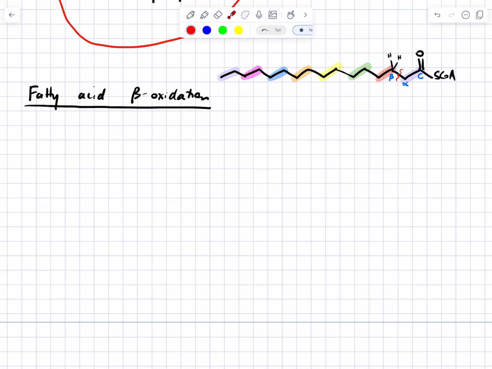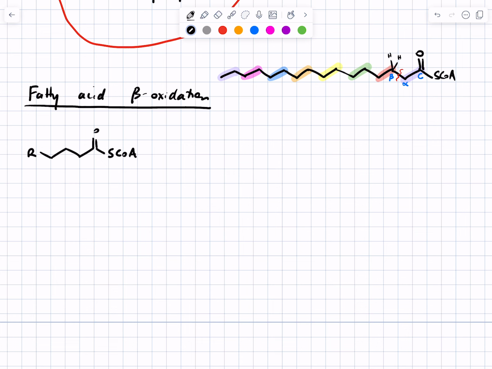All right, so I'm just going to show you the first two carbon units of this fatty acid. And then I'm going to abbreviate the coenzyme A thiol.